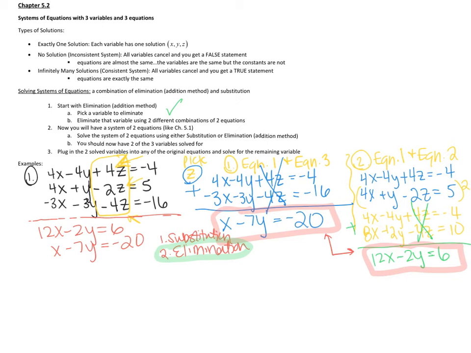It's up to you. So when I eliminate, I'm going to multiply this bottom equation by a negative 12. That way I can cancel off my x's. So I'm going to leave that first equation the way it is. I'm going to multiply that next equation by a negative 12.